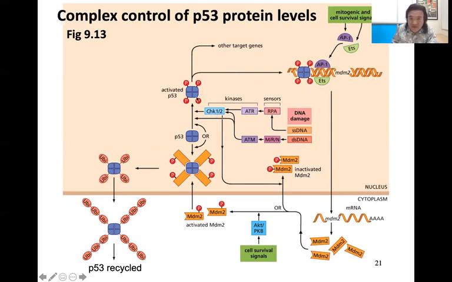So they will transfer phosphate groups into that transactivation domain of p53 so that the orange MDM2 no longer binds to it. And then this phosphorylated p53 goes to work, turning on other genes.